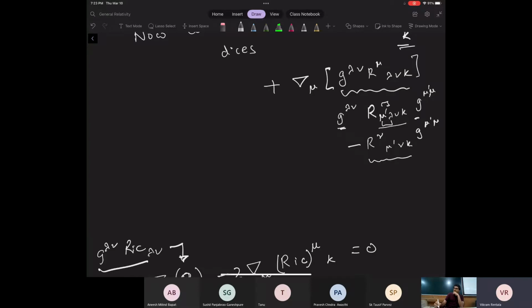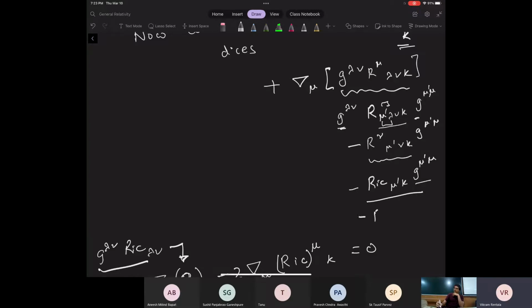Now we can look at this as the Ricci tensor, mu prime kappa, raised through this g to some mu prime mu. It doesn't matter whether you write this as mu prime mu or mu mu prime, because g is symmetric. So this is the thing that we're taking the derivative of.